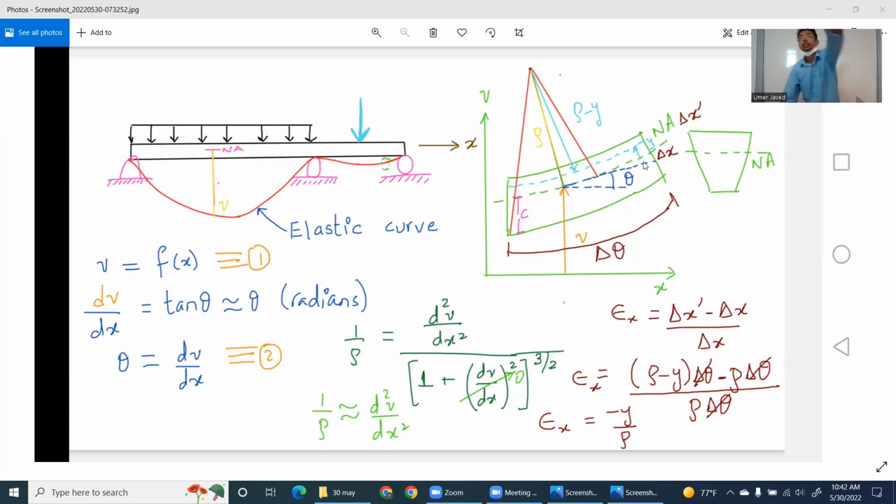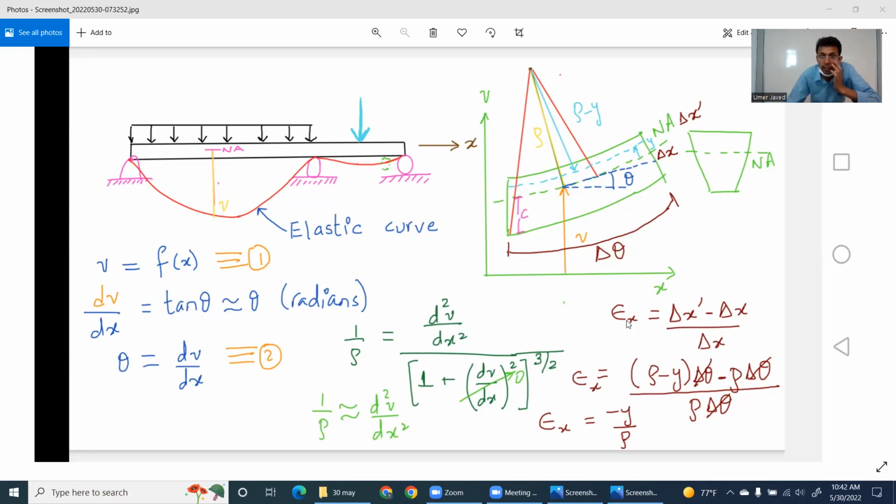The neutral axis is the fiber that doesn't bend, right? I mean, it doesn't have any stress or strain. So this is my neutral fiber. Please focus here. Now, C is the maximum distance from the neutral fiber. V is the deflection. So please remember, the deflection is positive as I go upward.